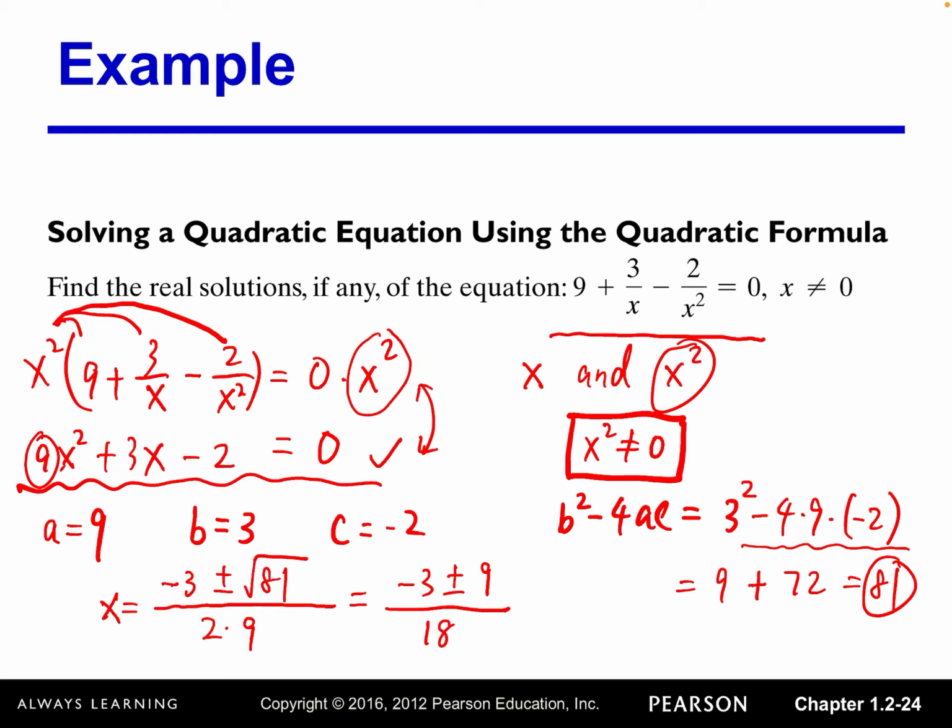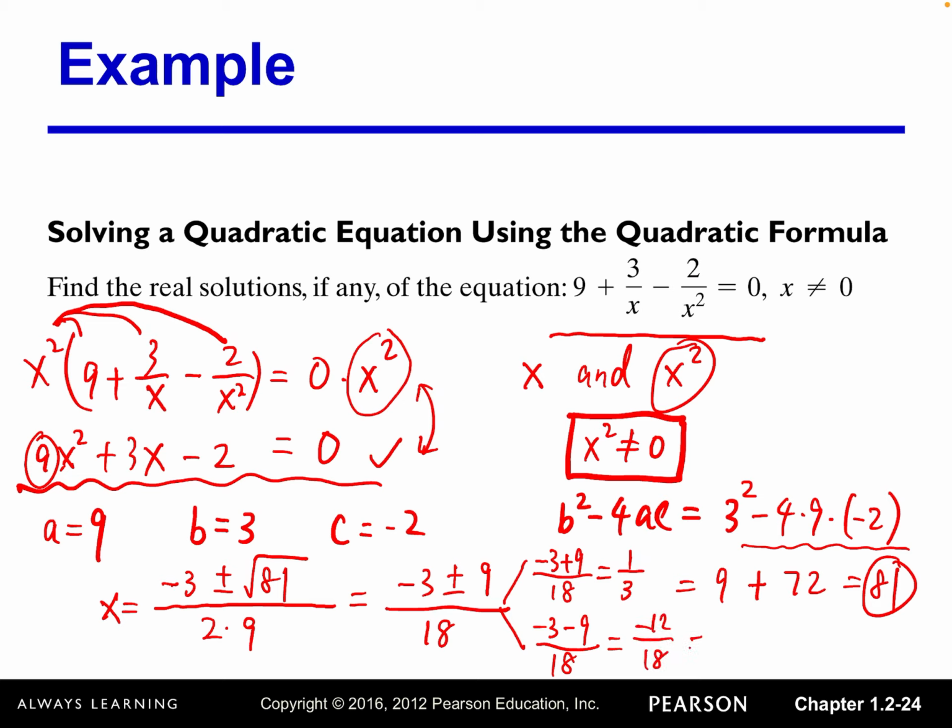Now it's time to split up, right? The plus sign and minus sign give slightly different results. One root is negative 3 plus 9 over 18. The other root is negative 3 minus 9 over 18. That gives us 6 over 18, which we can simplify to 1/3. The other one is negative 3 minus 9, which is negative 12.